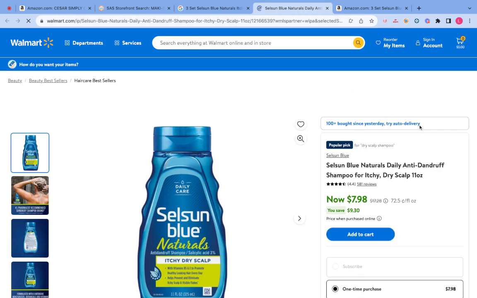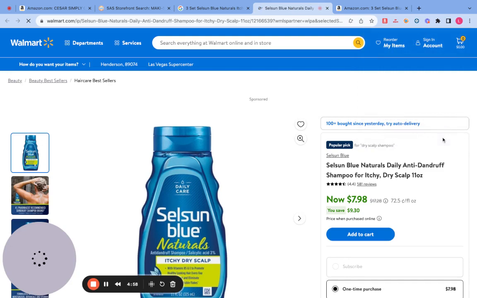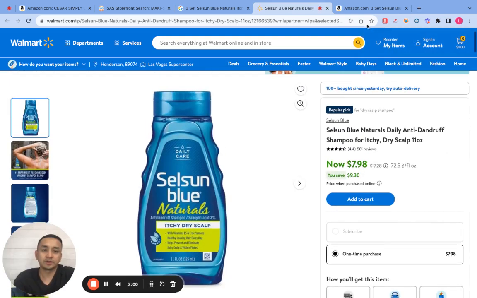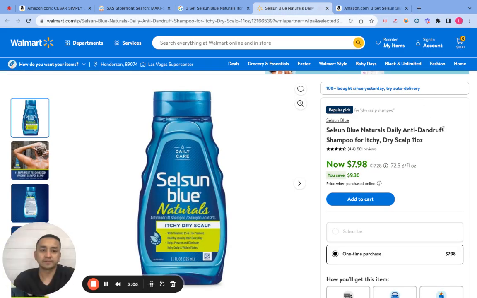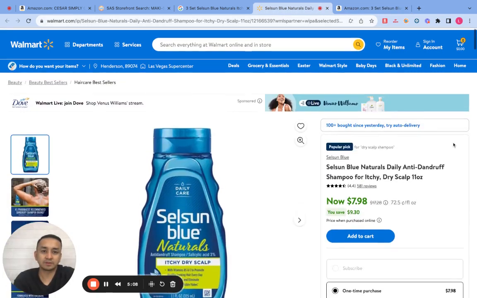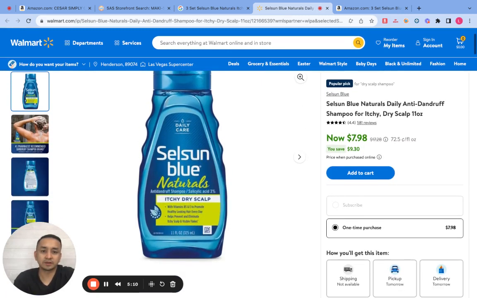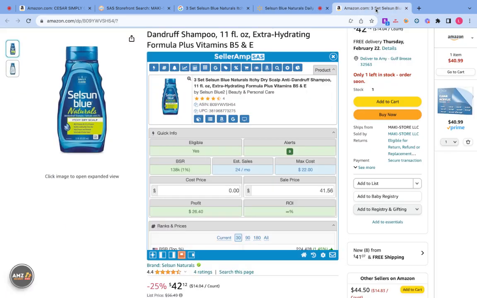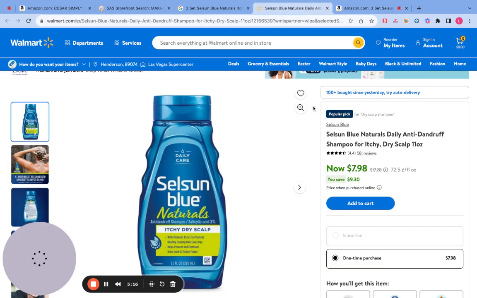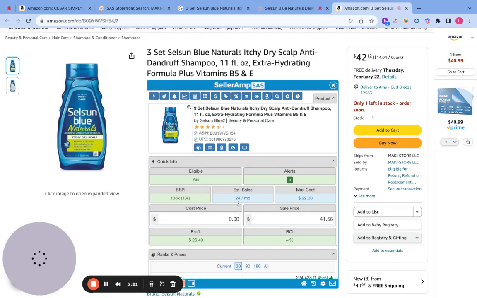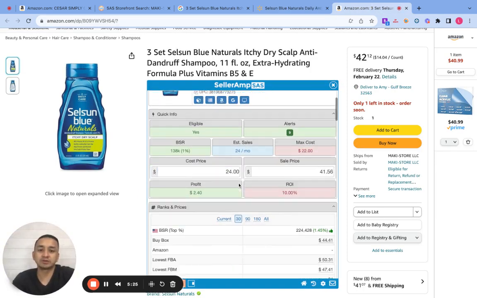Okay, so Selsun Blue. 11 ounce, extra hydrating. Okay. Looks like the same product, right? This one is a set of 3, so it's 3 pieces. So 3 times about $8 is $24. Man, it's so low.